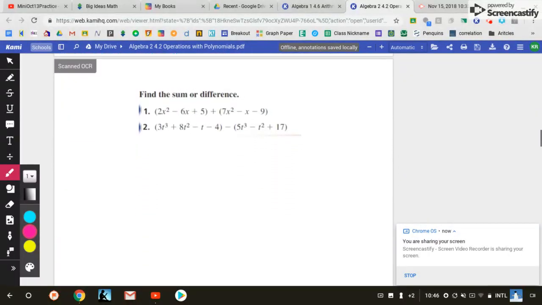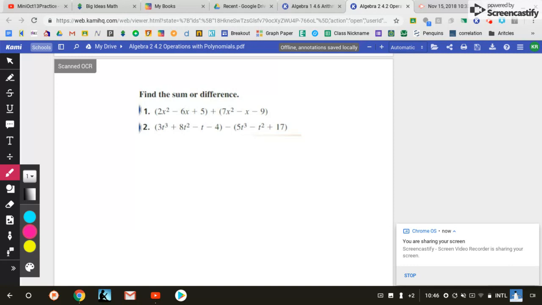And I want you to give these a shot. So on your own, try number 1, adding those polynomials together, and then try number 2, which is subtracting those polynomials. Now that you've given it a shot, let me tell you what your answer should have been. Number 1, you should have got 9x squared minus 7x minus 4.